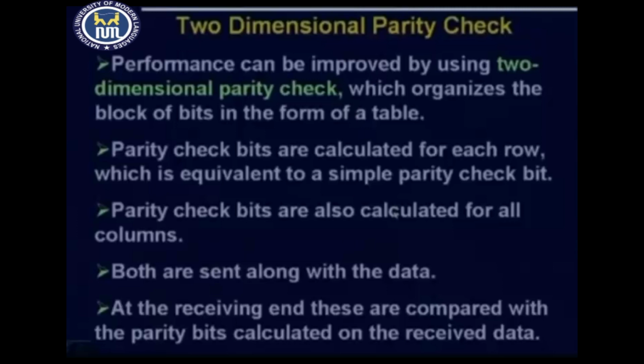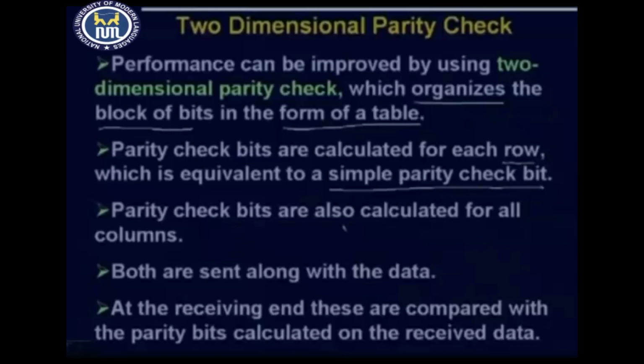In the two-dimensional parity check, the performance is improved. We organize the data in blocks of bits in the form of a table, so here it is organized in a two-dimensional table. Parity checks are calculated for each row, which is equivalent to the simple parity check bit.